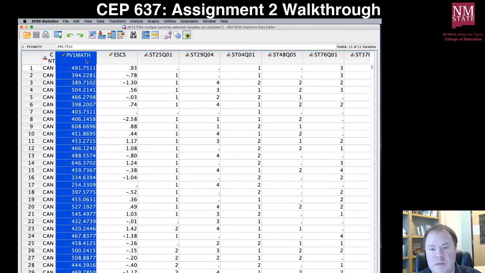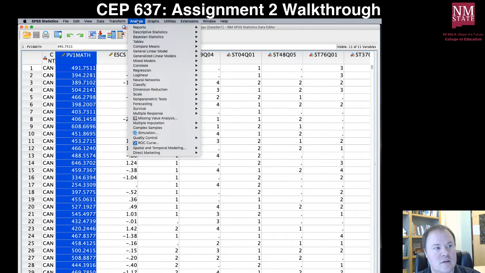So that could be problematic. And data were randomly collected. It is a random selection, although it is highly complex. It is not a simple random sample. But nonetheless, there is randomization involved in this data collection.